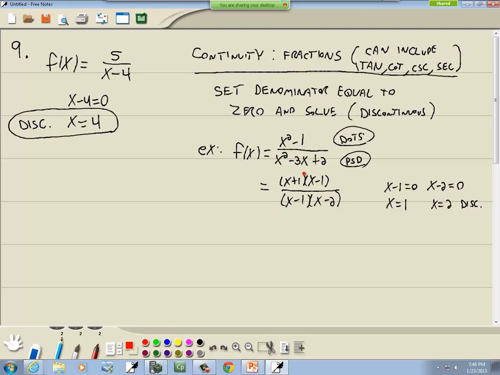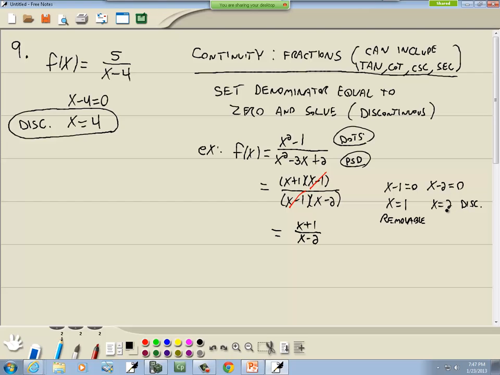Now, if I factor the top and factor the bottom, I notice that the x minus 1s will cancel away. And we're going to be left with x plus 1 over x minus 2. Now, the x minus 1 canceled away, didn't it? I removed it, which means that this x equals 1 here is a removable discontinuity.